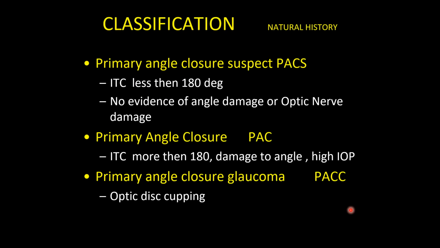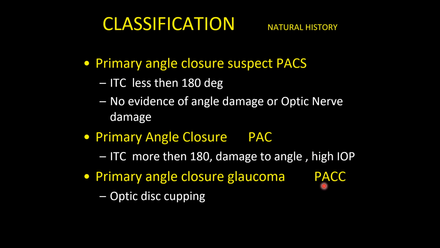Now, second is classification based on natural history. That is slightly different. In which first is primary angle closure suspect, PACS, second is primary angle closure, PAC, third is primary angle closure glaucoma, PACG.